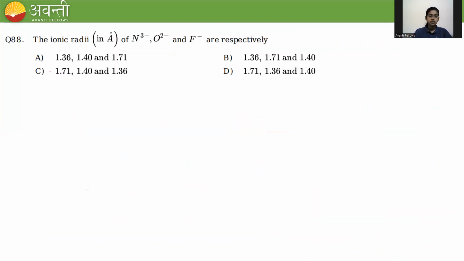Then moving on to the next question, the ionic radii of the three ions, N3 minus, O2 minus, F minus are respectively. So we know that atomic number is inversely proportional to ionic radii.